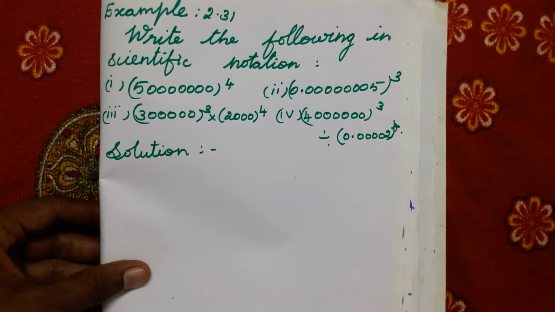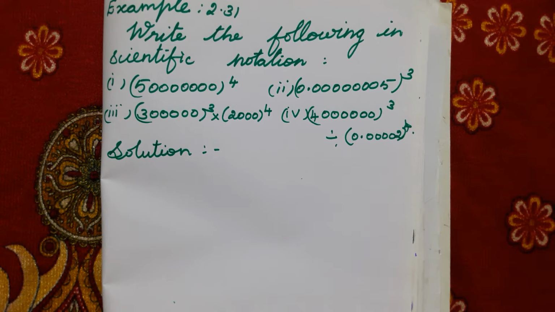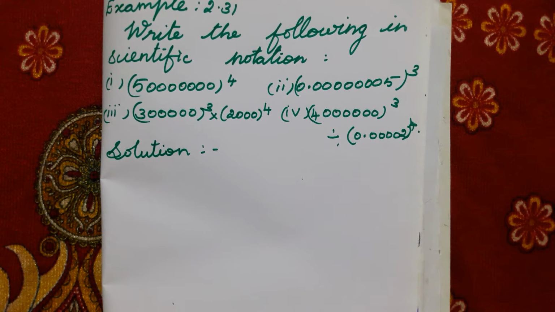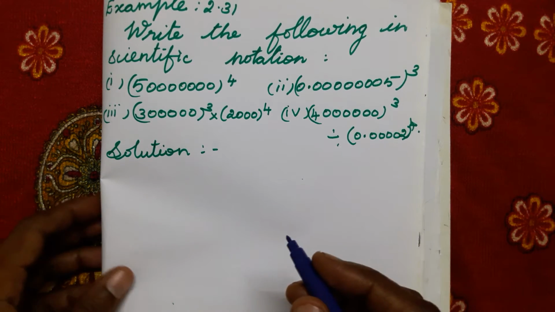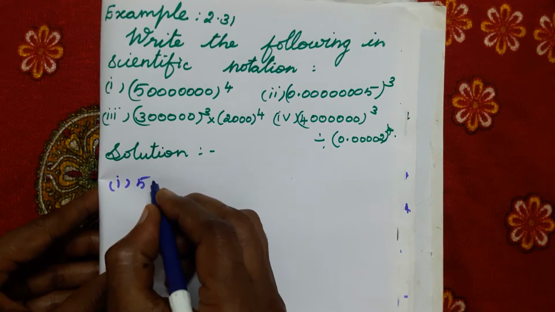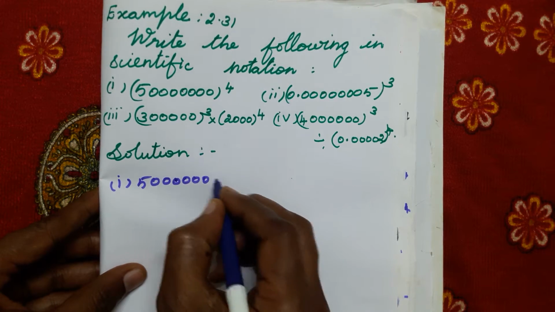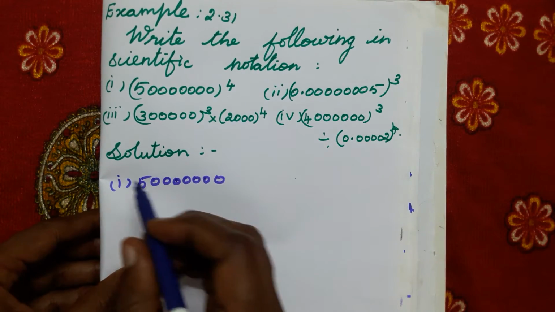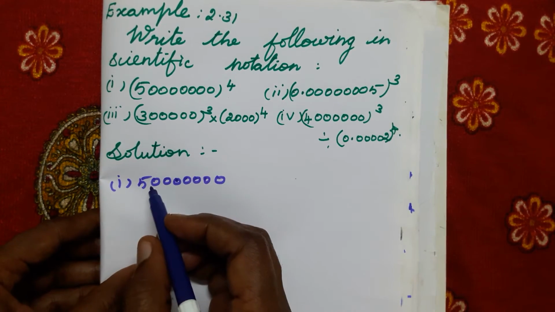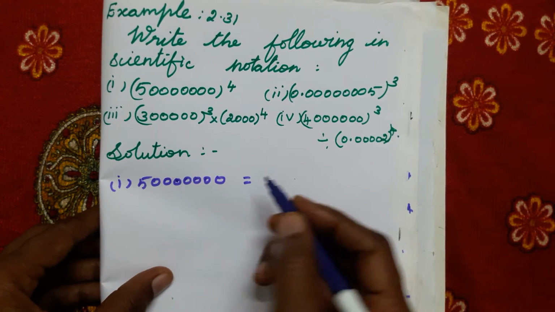Example 2.31. Write the following in scientific notation. First problem: 5,000,000 whole power 4 is there. First, we can write this into scientific notation.